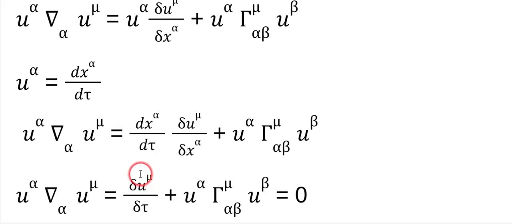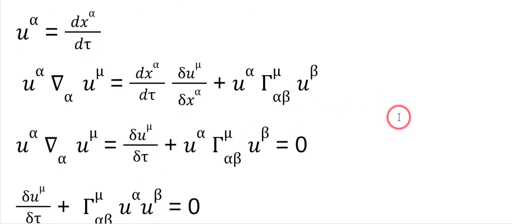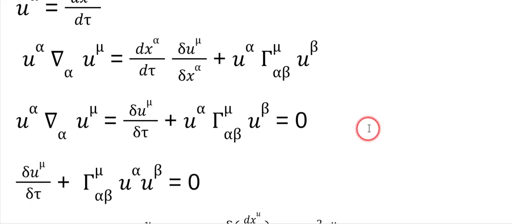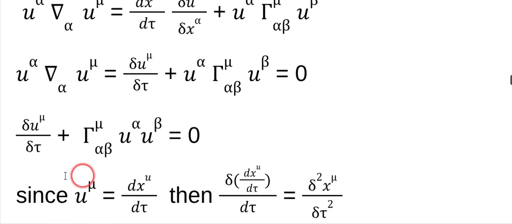The change in the forward velocity u mu component with respect to the proper time tau. Okay? Now, since we're going to set this equal to 0, then this is equal to 0, right? Now, since u mu is equal to the change in the x mu coordinate with respect to tau, we can just put that in right here, right?